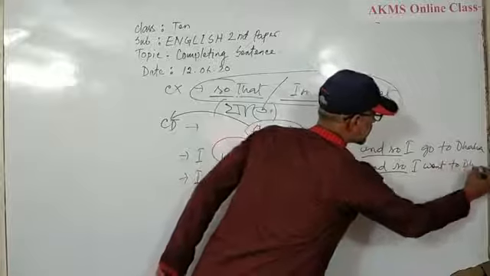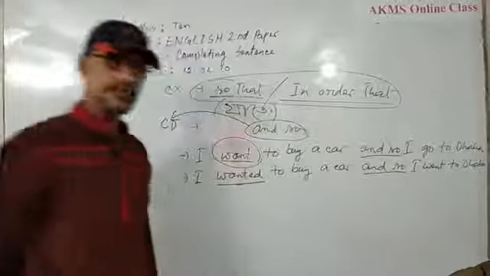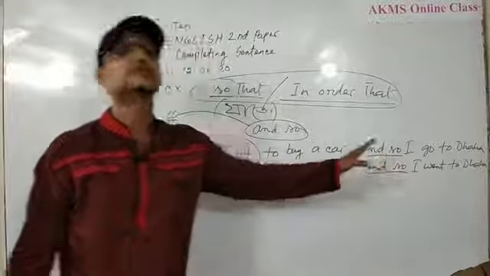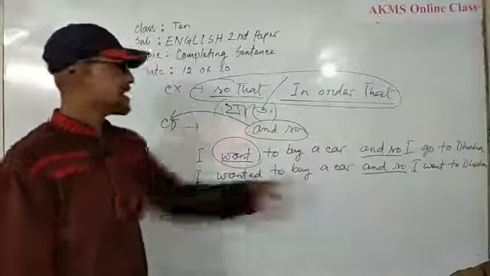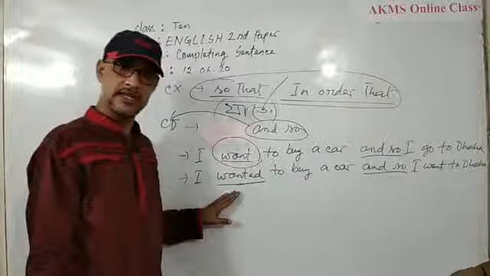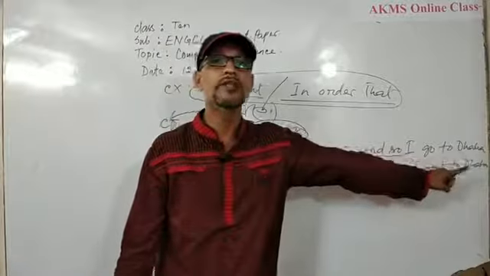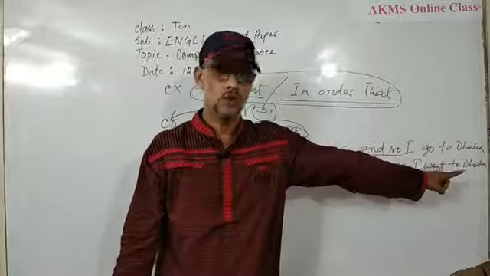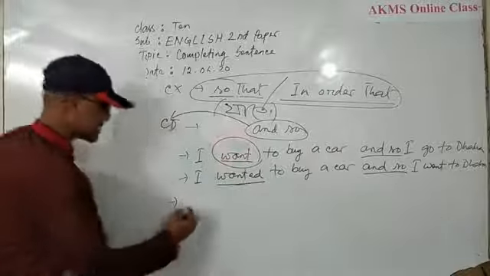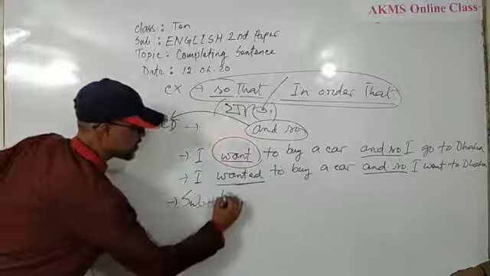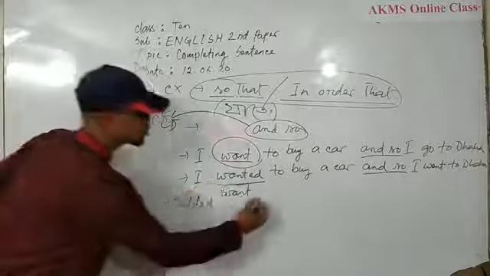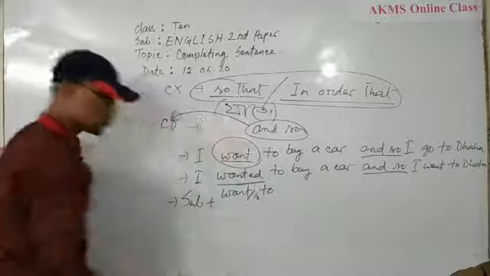So dears, if the sentence is combined with and so, it will be a compound sentence, and the objective or aim will be given in the first part of the sentence, and the second part will be the action, what you will do. And the structure is subject. If the sentence is in present tense, then want to or wants to.